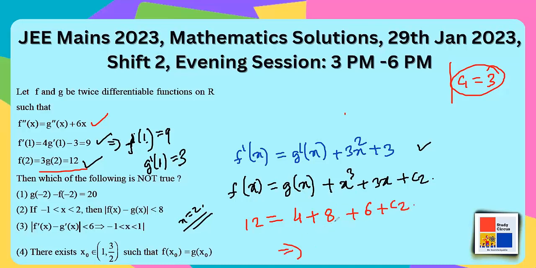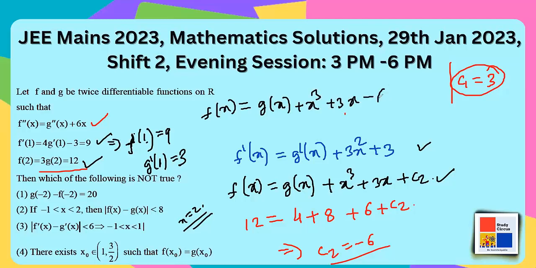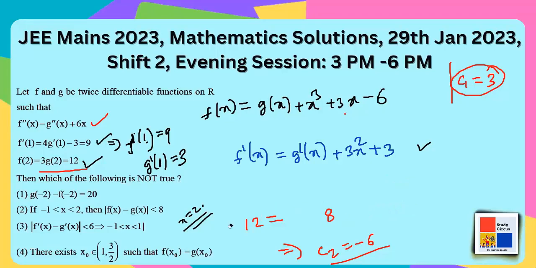So this is giving me c2 as minus 6. So that means I have the final expression: f x is equal to g x plus x cube plus 3x minus 6. For c2, I'll write minus 6. Now I can erase this one. I have the value of c2 now.